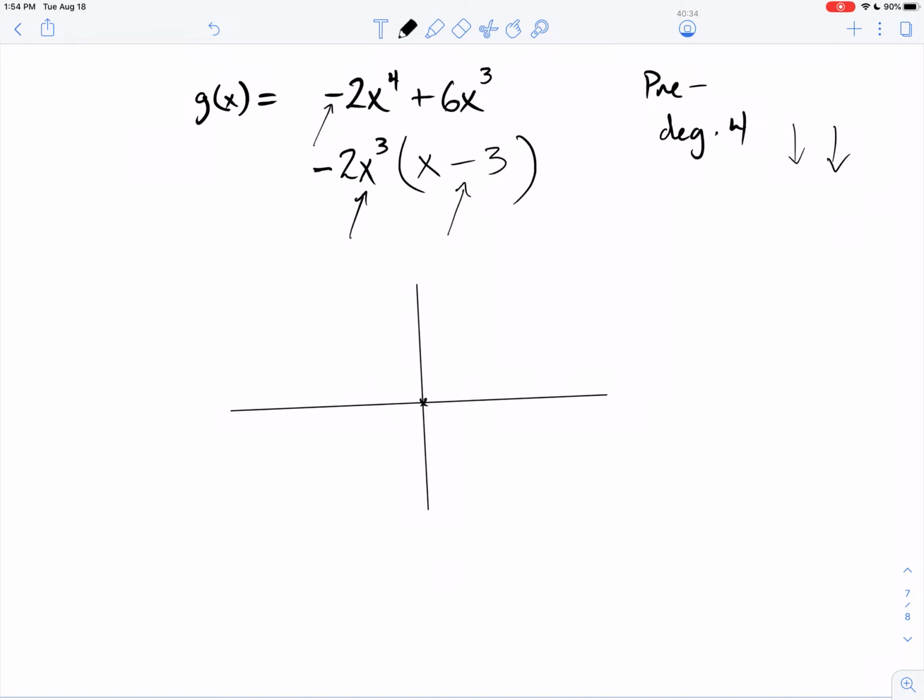Here's the twist. Here's the straight through. Remember, 3 plus 1 is degree 4. It's got to go down. So it's going straight down here, but it's got to turn around somewhere. It's going to twist its way through the origin. Beautiful graph.